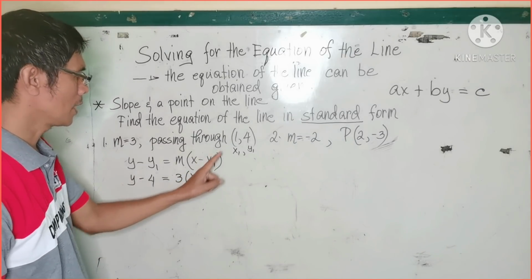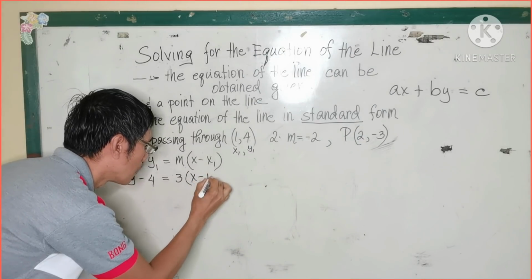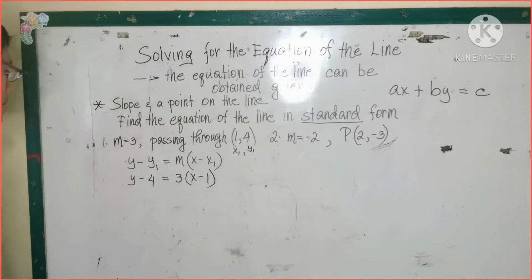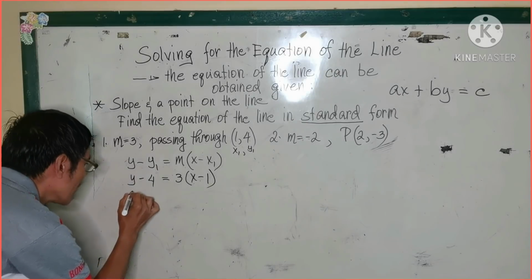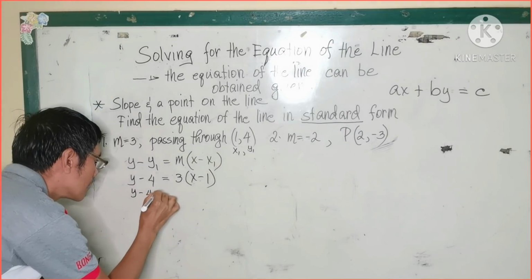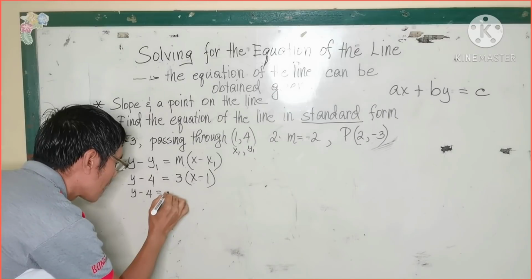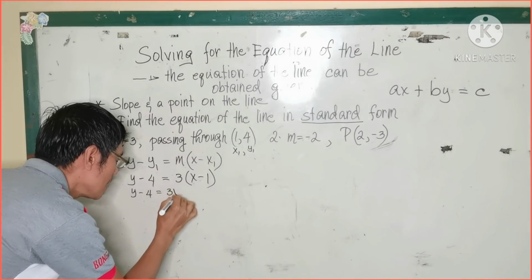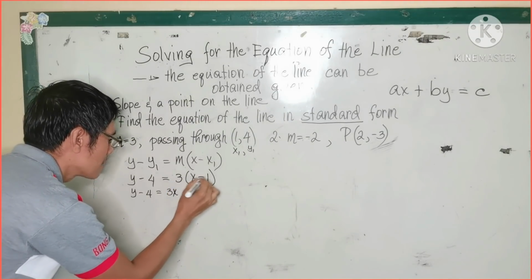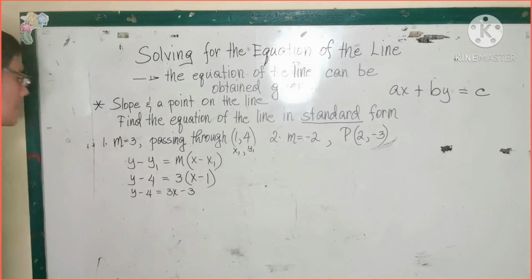What is x sub 1? 1. So we have minus 1. So simplifying, we have y minus 4 equals, multiplying, 3 times x, we have 3x, then 3 times negative 1, we have negative 3.